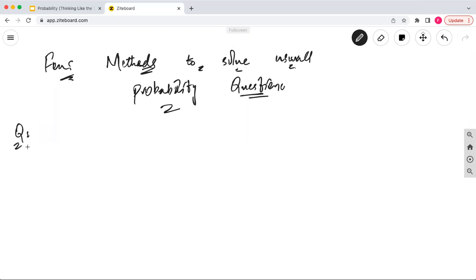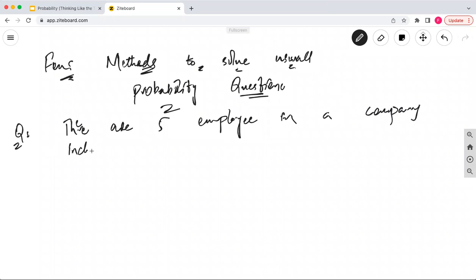Suppose there are 5 employees in a company, including A and B. So A and B are 2 employees out of 5 in a company.